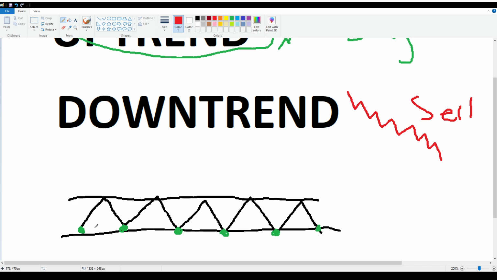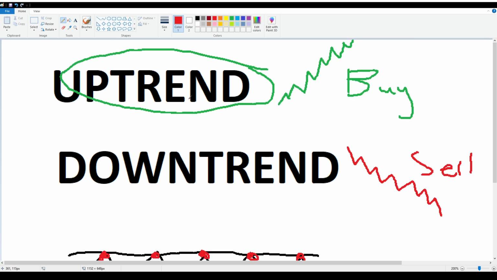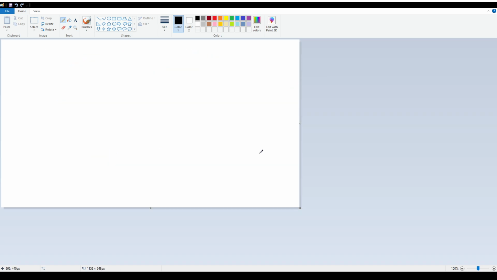And then when do you sell? You sell when the market hits the top of the range. That's your opportunity to sell right there. So you've got uptrend, downtrend, and sideways trend. Those are some of the basics that you need in order to trade the market progressively.